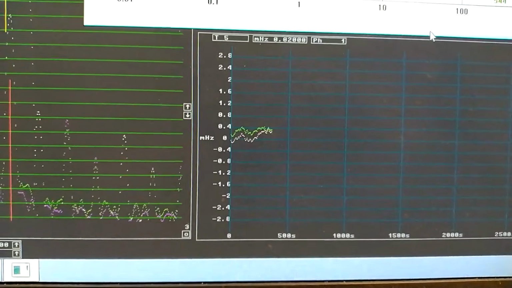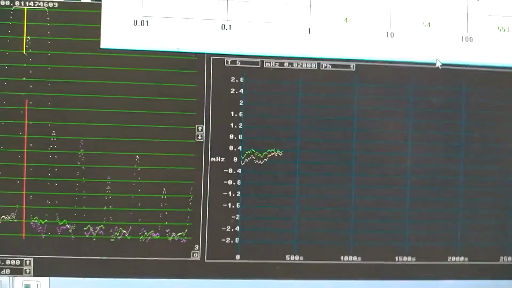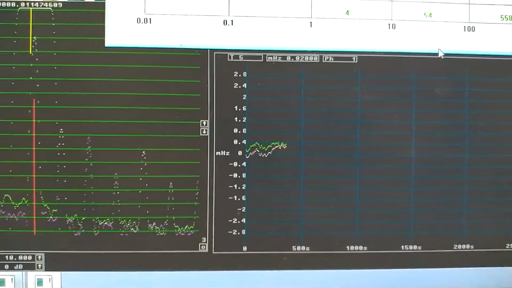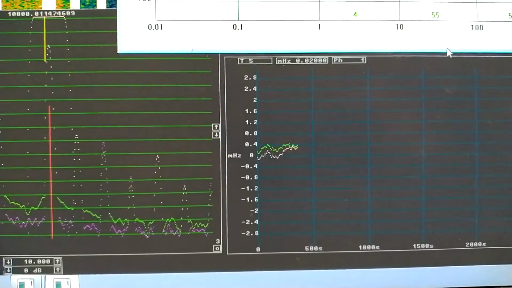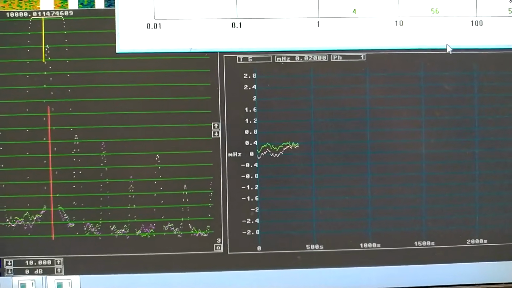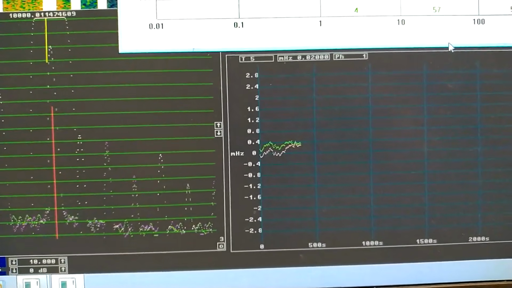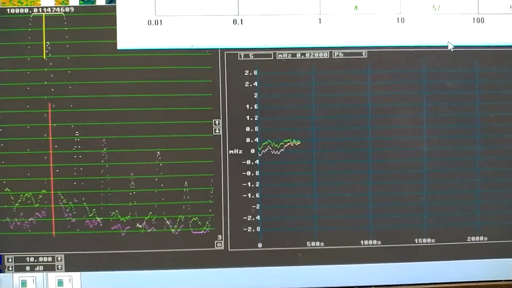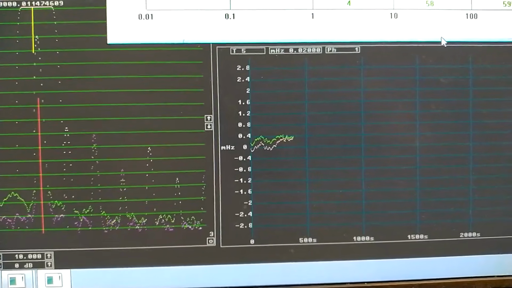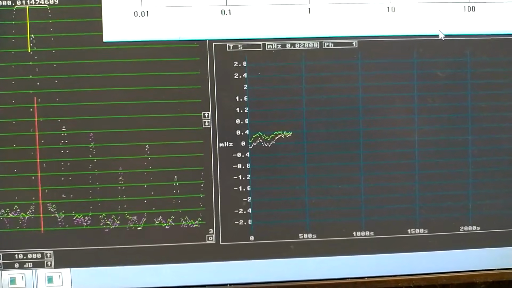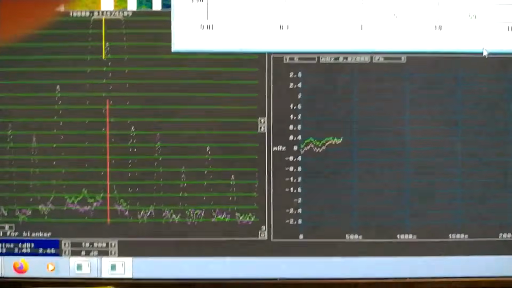It doesn't look particularly nice, but I will wait for some time, because I guess this will now show the stability of the Wenzel oscillator, the long time stability. And the short time fluctuations, whether they come from a too short time constant in the PLL, or whether they are from my oscillator, I don't know. But I will find out.